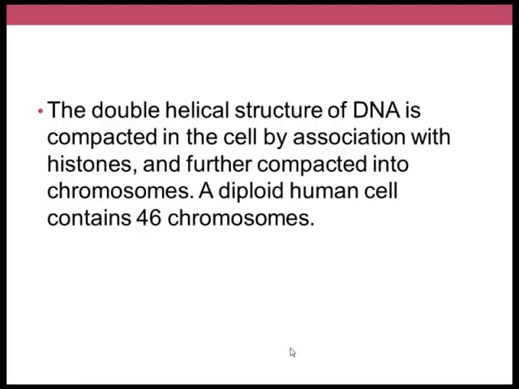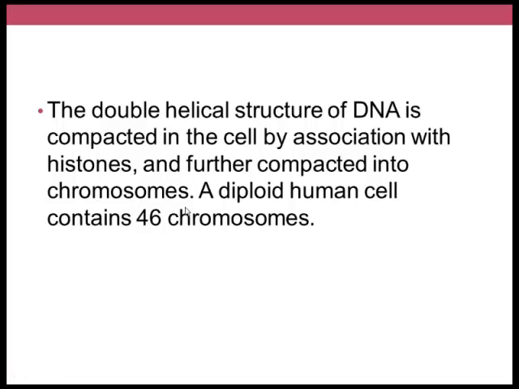The double helical structure of DNA is compacted in the cell by association with histones and further compacted into chromosomes. So to include the strand of DNA inside the small nucleus, it has to be compacted, it must decrease in size, and this decrease in size can only be achieved through combining the DNA molecules with histones, and then these histones are compacted into chromosomes.